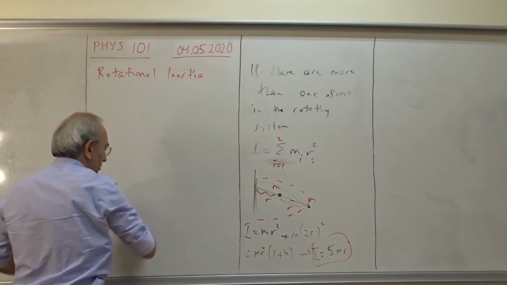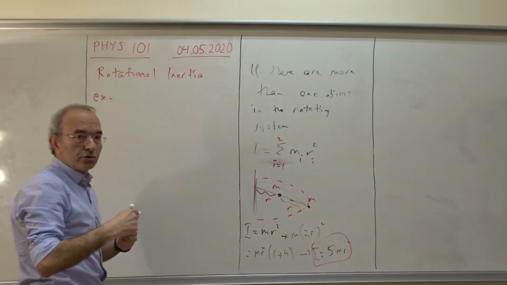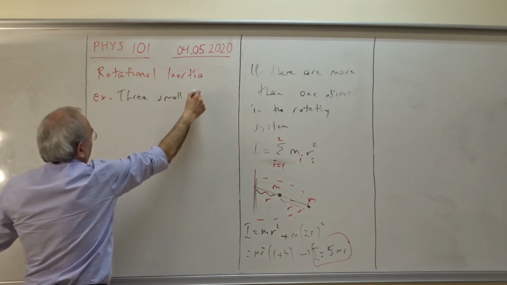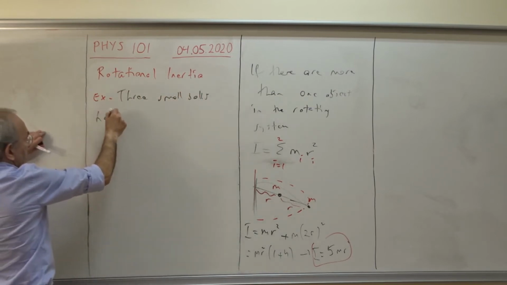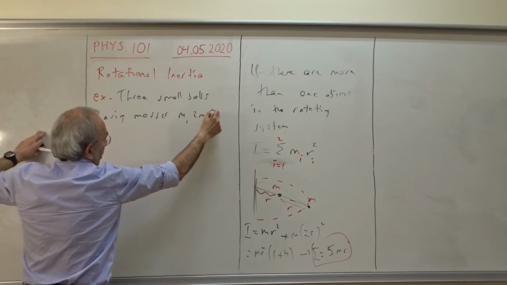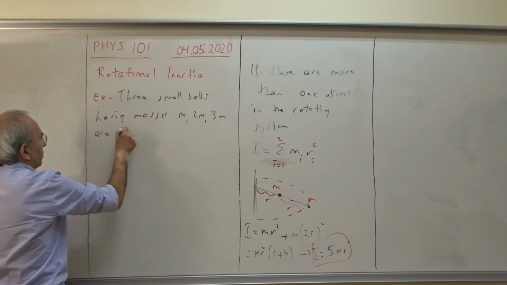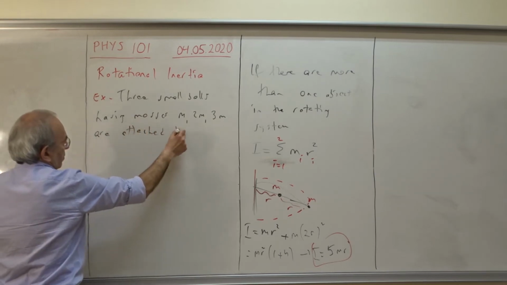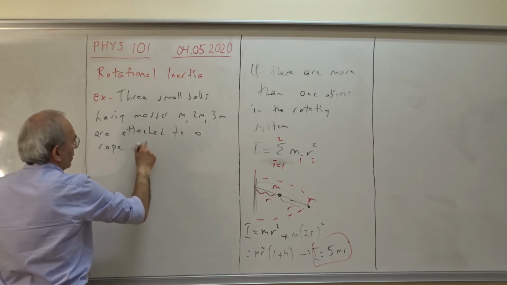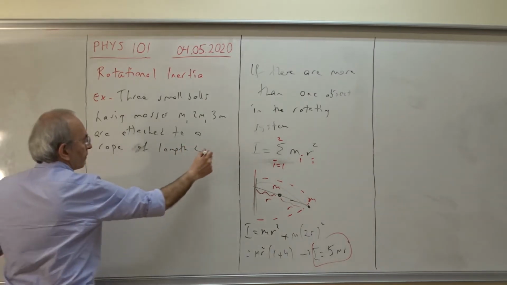Now let me solve a simple example. Three small balls having masses 1m, 2m, and 3m are attached to a rope as shown. Rope of length L at equal intervals.